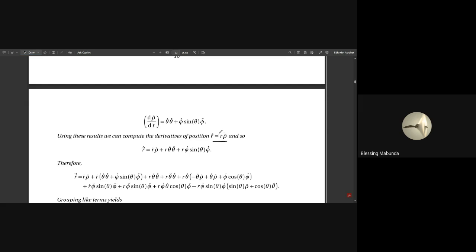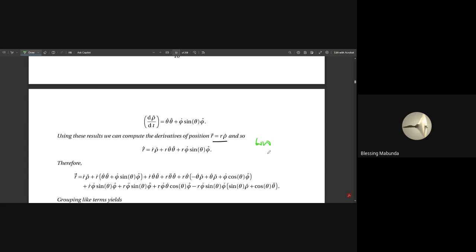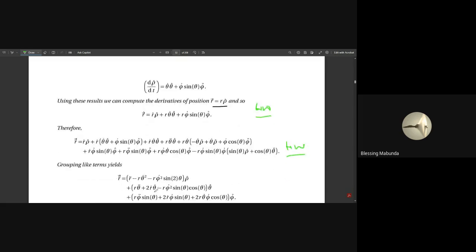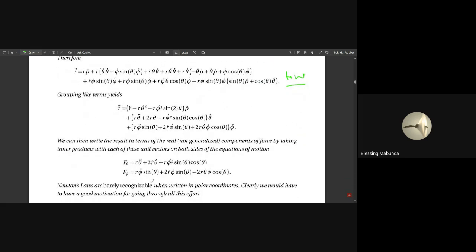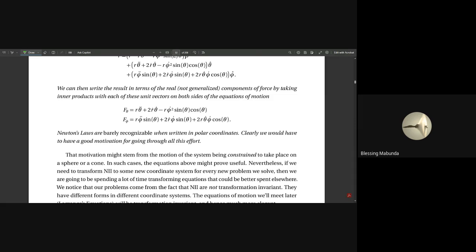So you'll have r dot multiplied by rho hat plus r multiplied by rho hat dot, and then when it comes to playing around with the maths, I'm going to leave that to you as homework. Just practice and see if you actually do get the same expressions. So once again, we're going to have components of force in the theta direction as well as the phi direction.